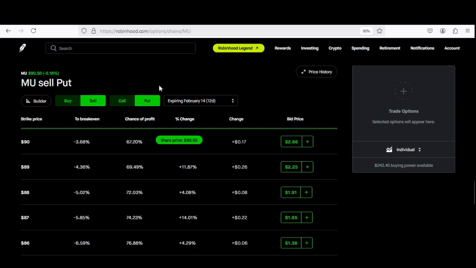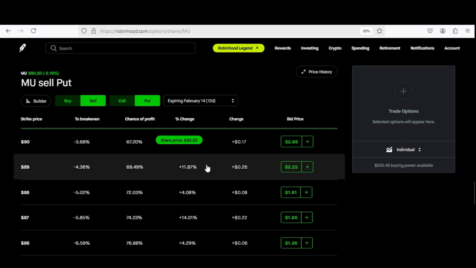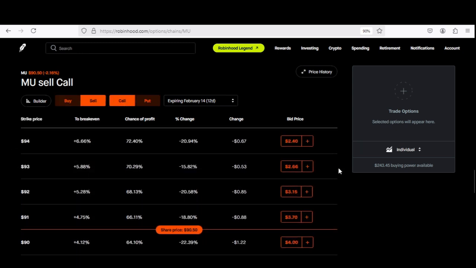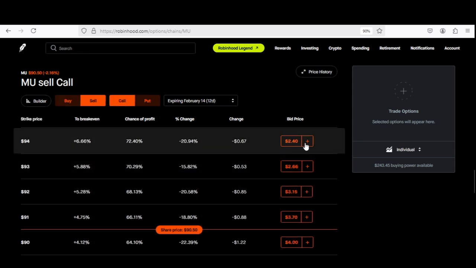So we're going to go ahead and we're going to go back to our next option terminology, which is a chance of profitability. Let's go back to call and 94. So like I was saying, the chance of profitability was 72% right here, which gives us a 72% chance of this trade going in our favor. The opposite to that is going to be 28% chance.